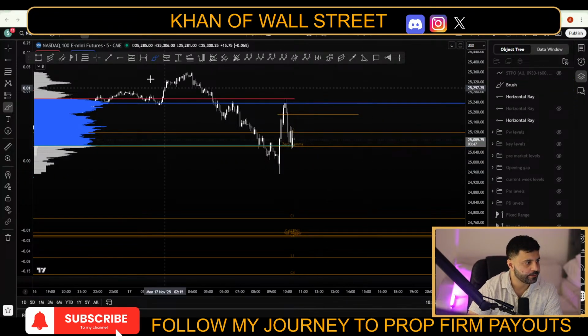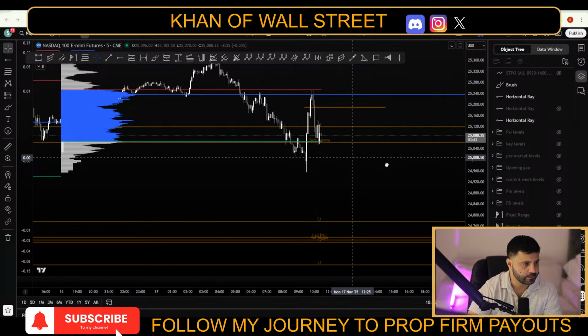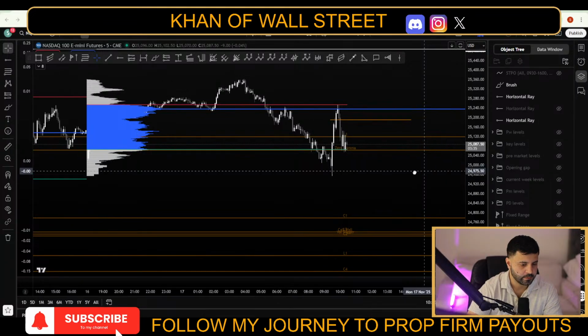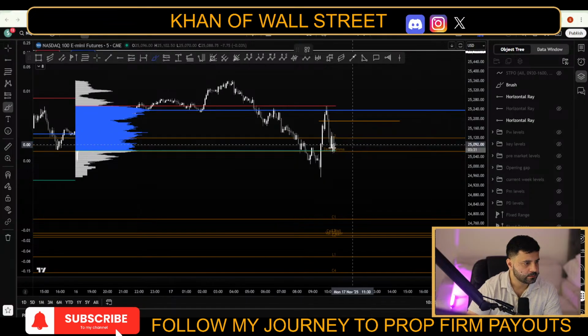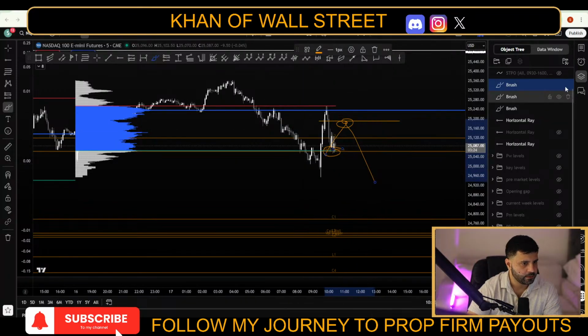Keep supporting. Retesting value area low. I think they're testing just to fill this imbalance and then maybe come down. Something like that.